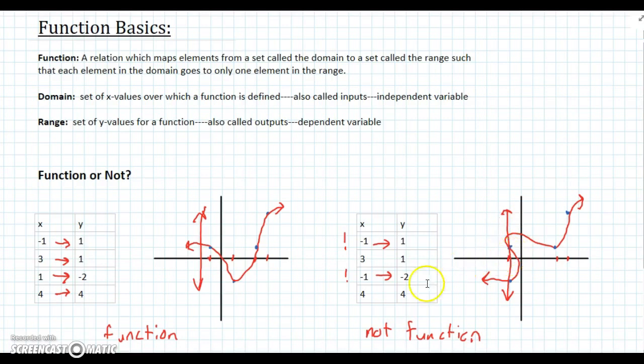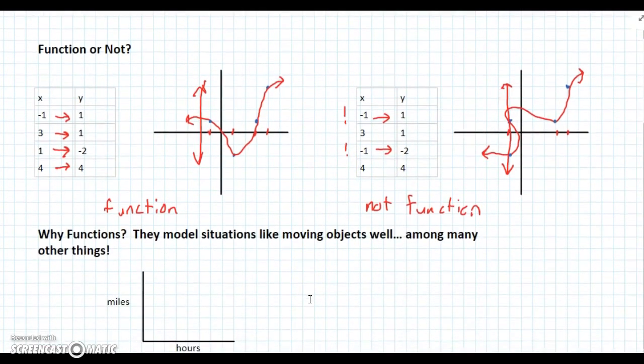And so kind of as we're in conclusion here, why do we care about functions? Why are they a thing, I guess? And so a situation you might look at is just moving objects. And so let's say you've got a graph down here that's representing maybe the miles you've walked as the hours go by. So you start out at 0 miles, and maybe you walk quickly for a while, and then you get tired, and so you start slowing down.